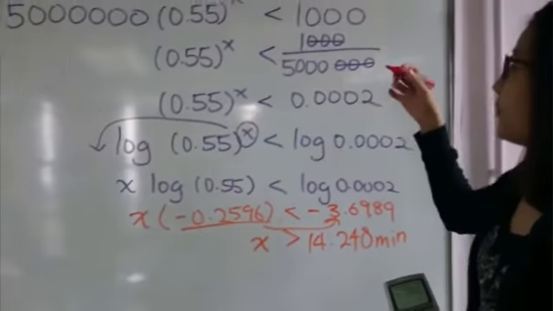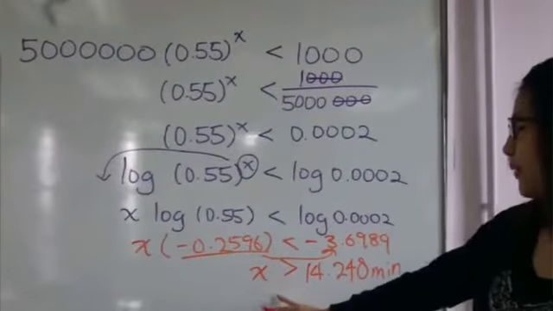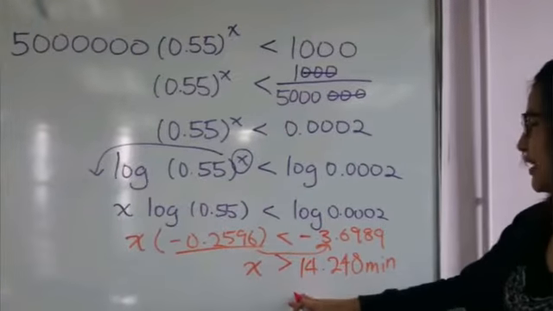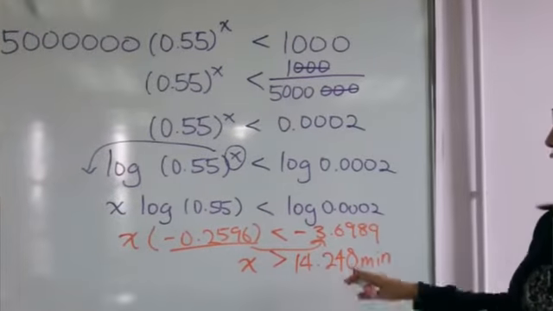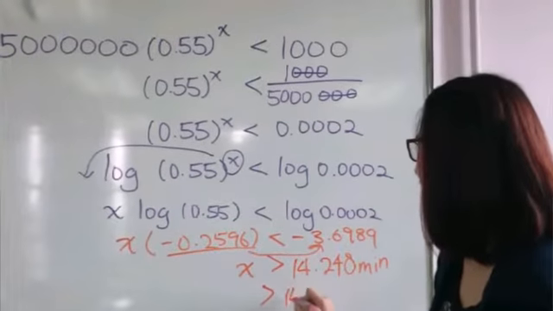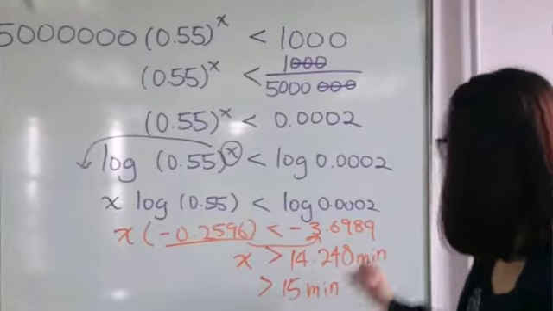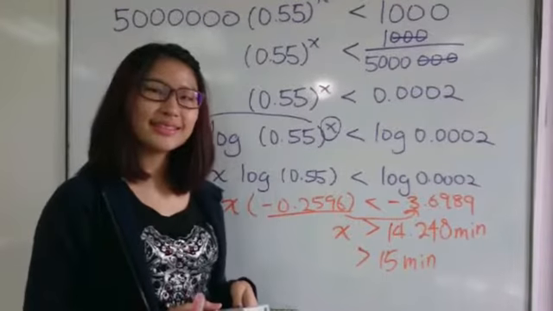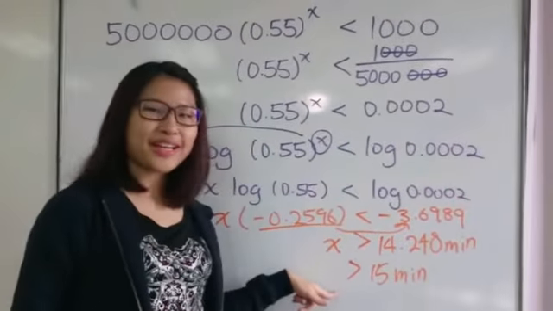So the cell will be less than 1000 when the time is greater than 14.248 minutes. Or we make it 15 minutes. This is our final answer.